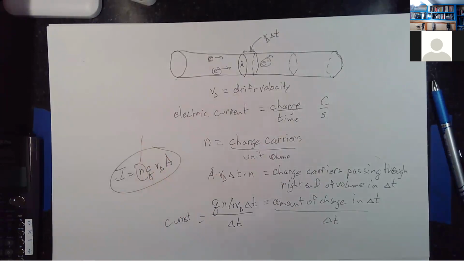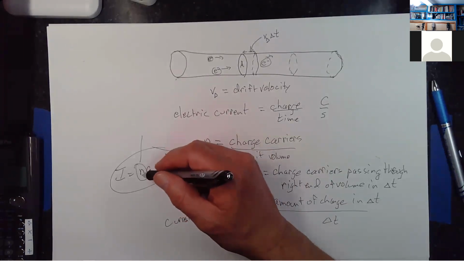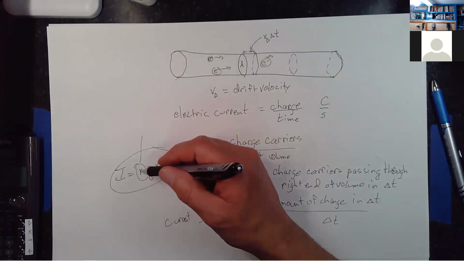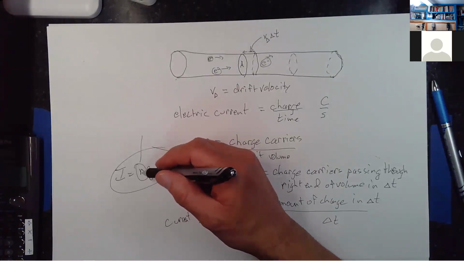In a conductor like copper or aluminum or silver, there is on the order of 1 free electron per atom. So the number of charge carriers per unit volume is roughly equivalent to the number of atoms per unit volume, which is really high.